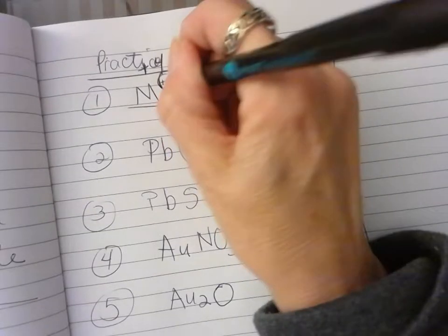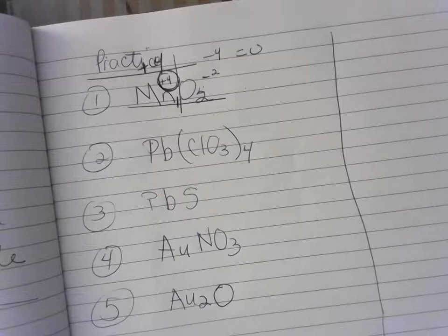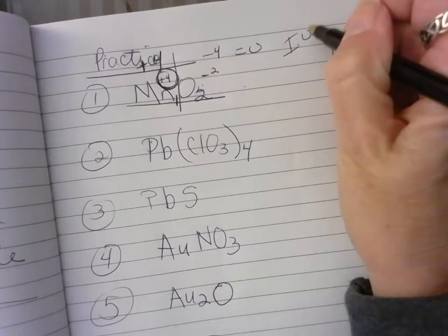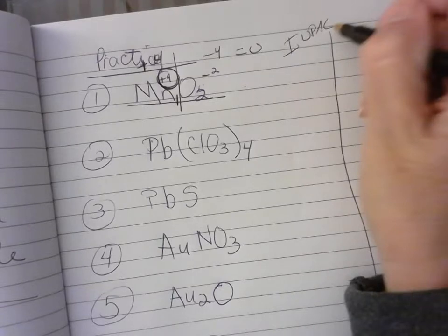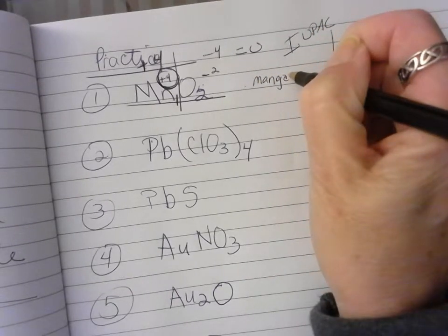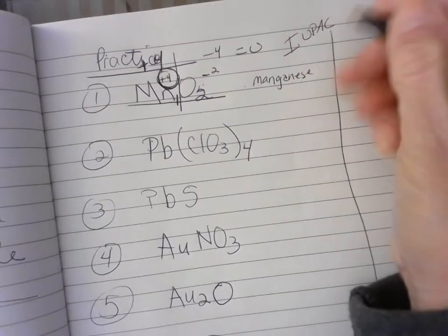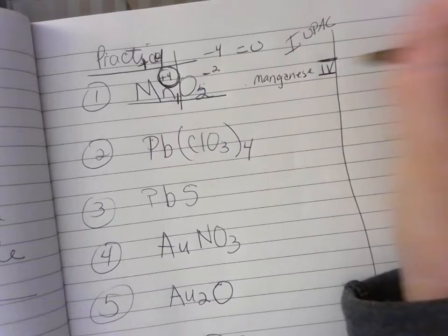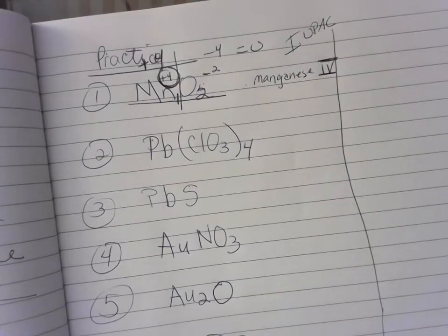So your IUPAC name is manganese 4 with the Roman numeral. Remember, the Roman numeral is the charge. Oxide, O-X-I-D-E.